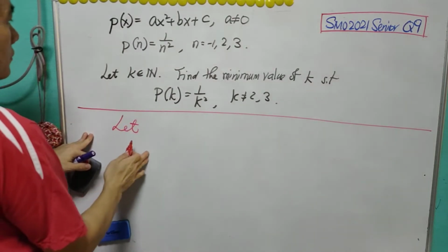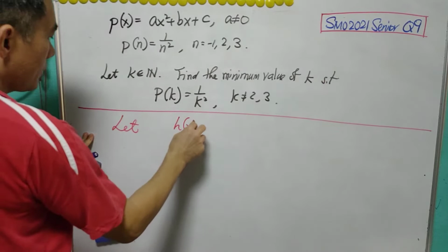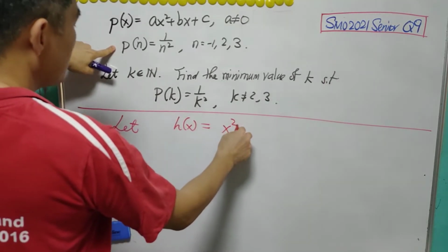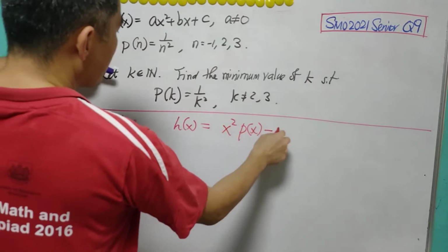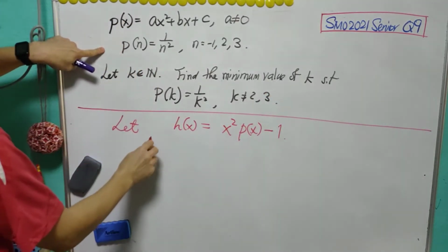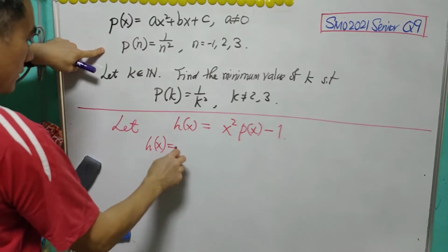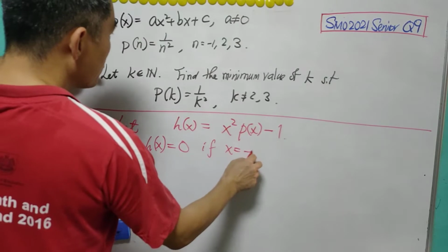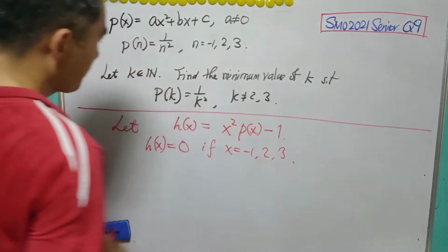a new function called h, or let h(x) be x squared P(x) minus 1. Then we know that h equals 0 if x equals -1, 2, and 3.